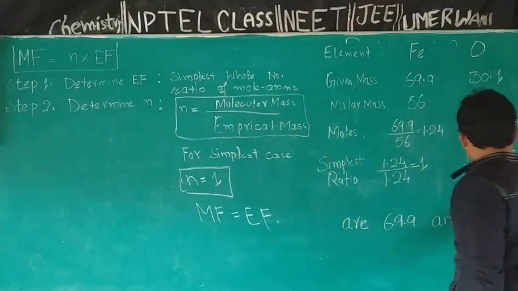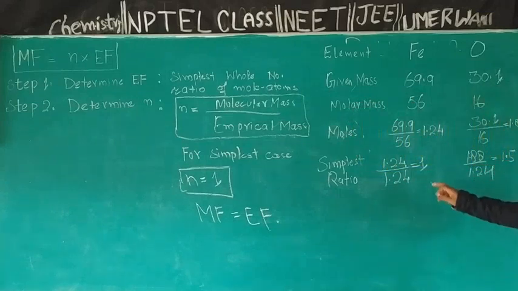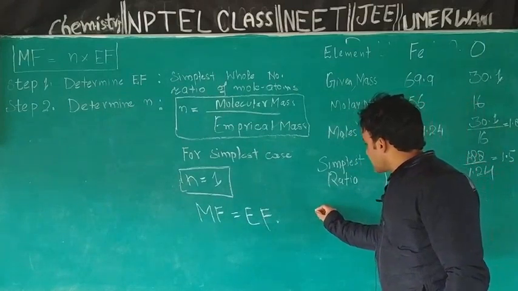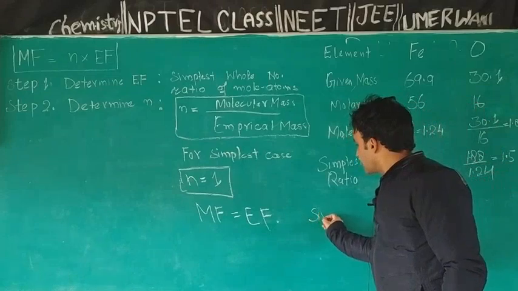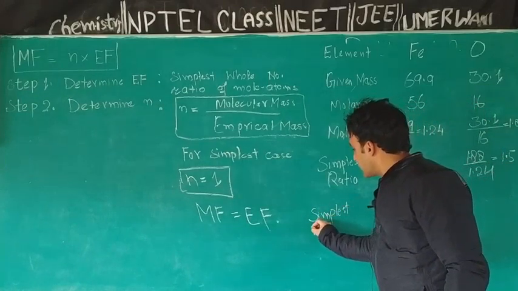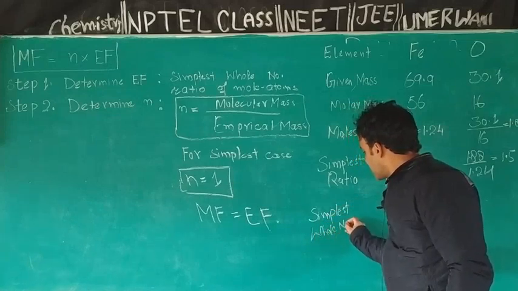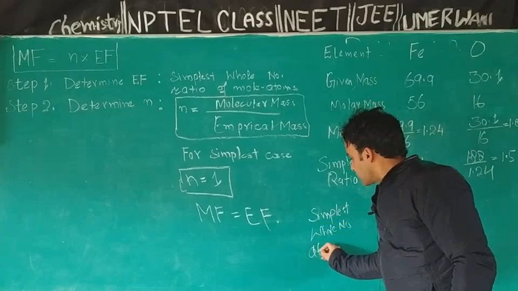Now I got the ratio of mole atoms of iron and oxygen in this iron oxide equal to 1 is to 1.5, but this is not a whole number atomic ratio. I will make it the simplest whole number atomic ratio.